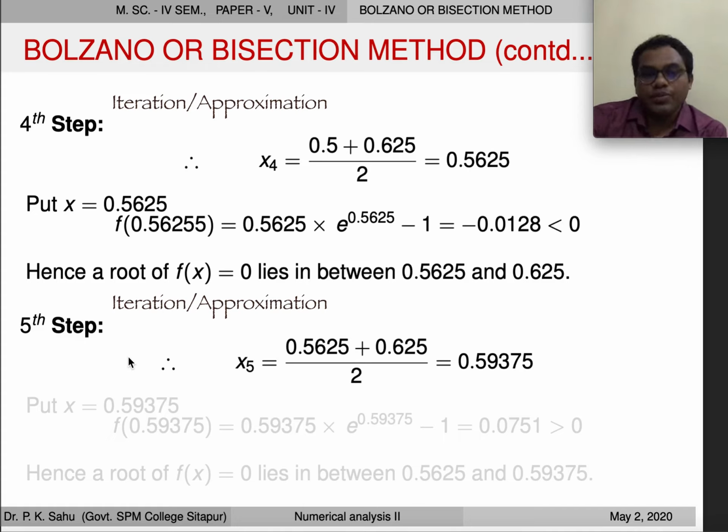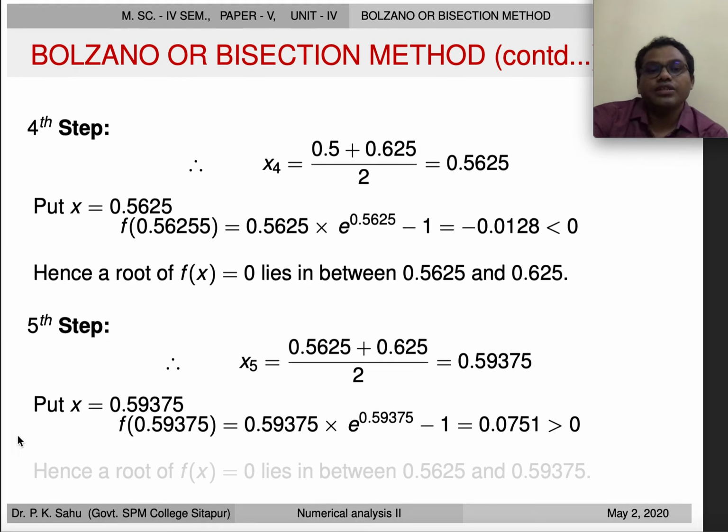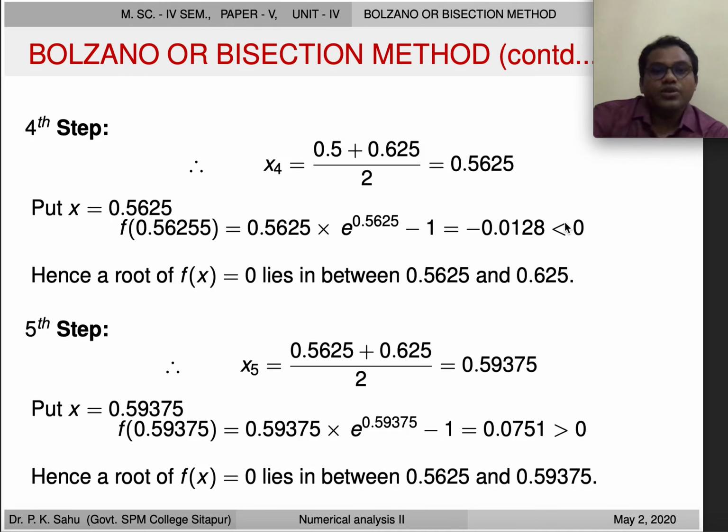In the fifth approximation, we find the midpoint of the interval, which is 0.59375. Again we check f(0.59375); it is greater than 0 and f(0.5625) is less than 0, meaning our root lies between 0.5625 and 0.59375, so now our interval is half the length of the interval of the previous case.